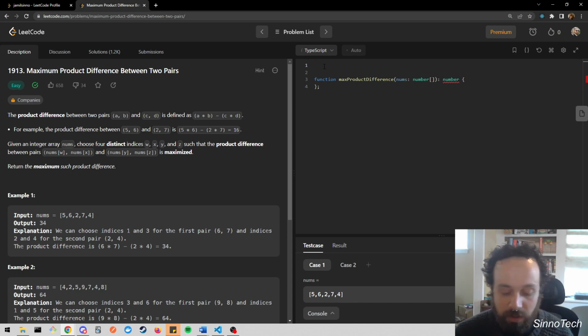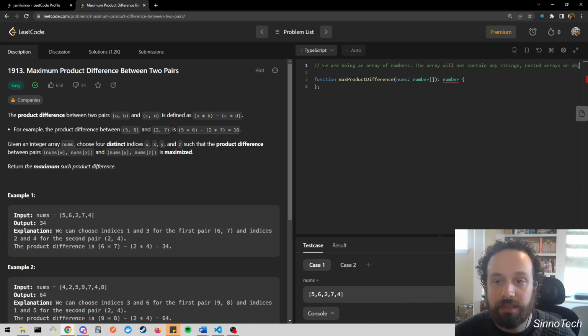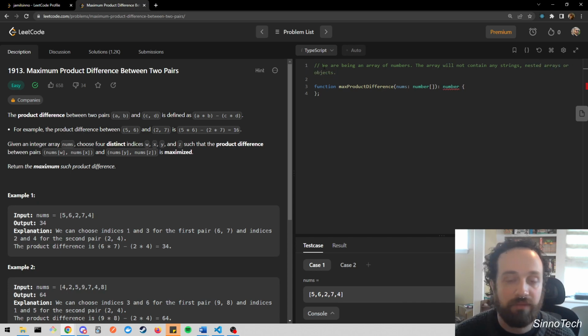All right. So first, let's understand what we are being passed. So we are being passed an array of numbers. The array will not contain any strings, nested arrays, or objects. So we don't have to take into account any of that. Okay. We're just simply given numbers, figure it out, return.